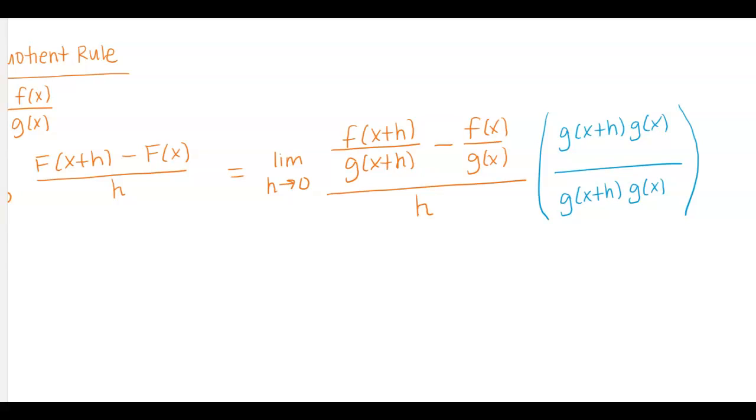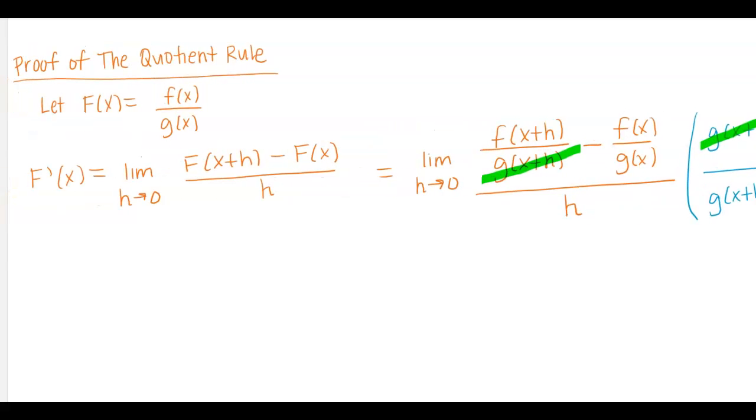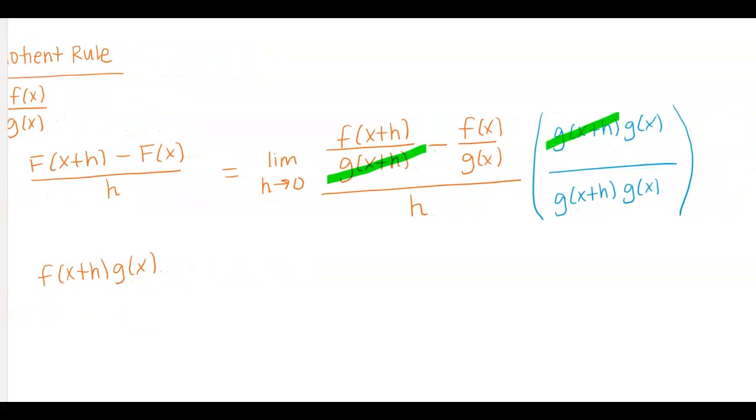So for the first fraction, these guys are going to cancel, and I'll just have f of x plus h times g of x. I'll have this left multiplied by this. And then for that second fraction, the g of x will cancel, and so I'll have this multiplied by this.